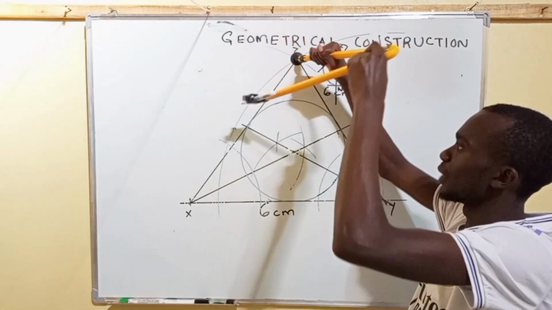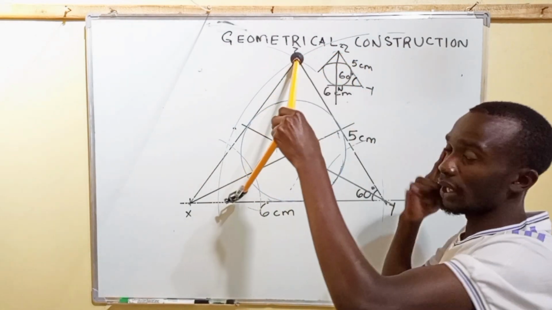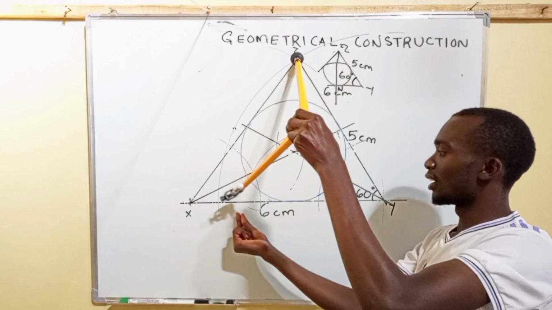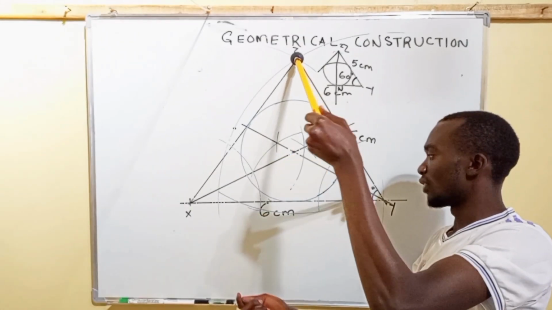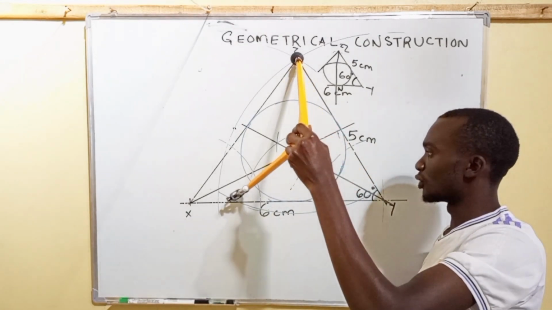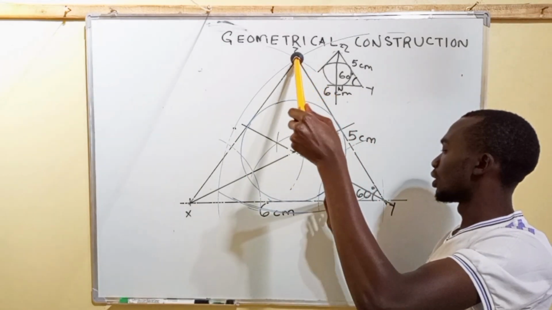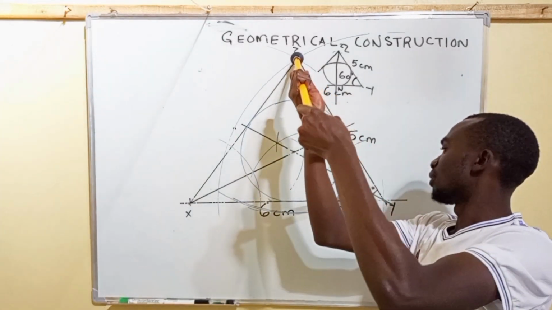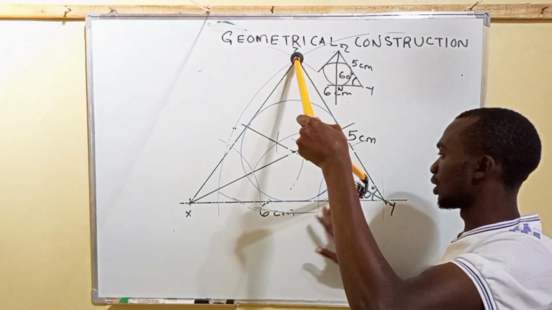and we extend our compass so that it can cross line XY. So we make two arcs meeting XY at two different places. So this is the arc that we make. Let me tighten my compass a bit, because I don't want to make errors.